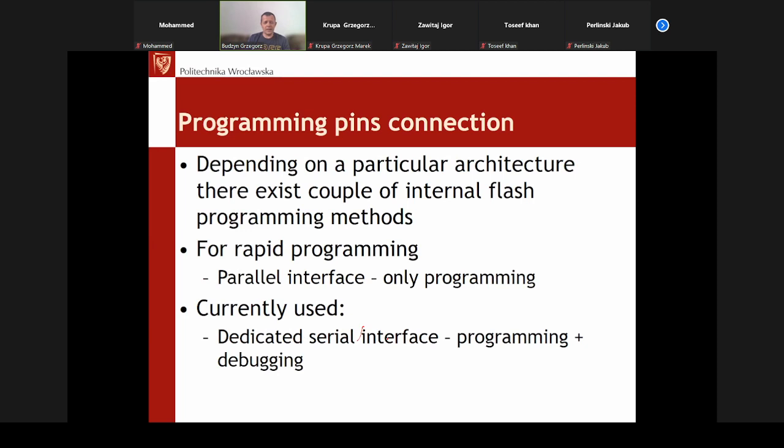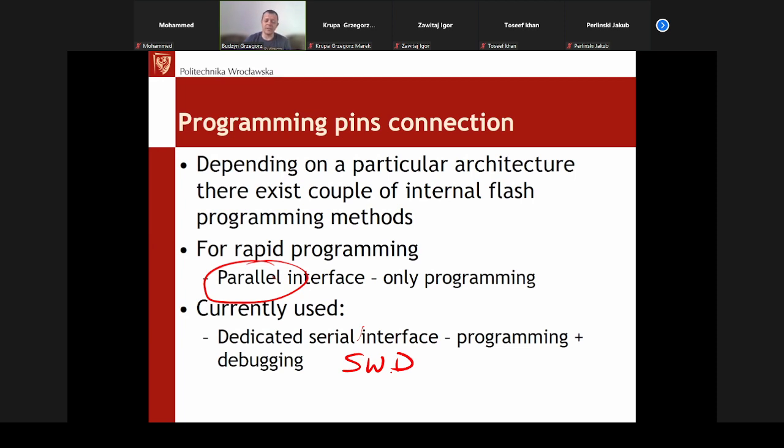For rapid programming, sometimes we also use a parallel interface, because in industry, if you need to program thousands of units per day, then serial programming over UART is not fast enough, so sometimes parallel is used. Yet for development today, besides JTAG, we've got a dedicated interface for programming and debugging.